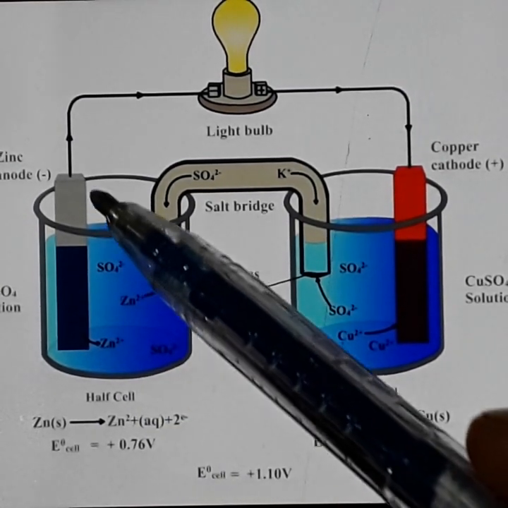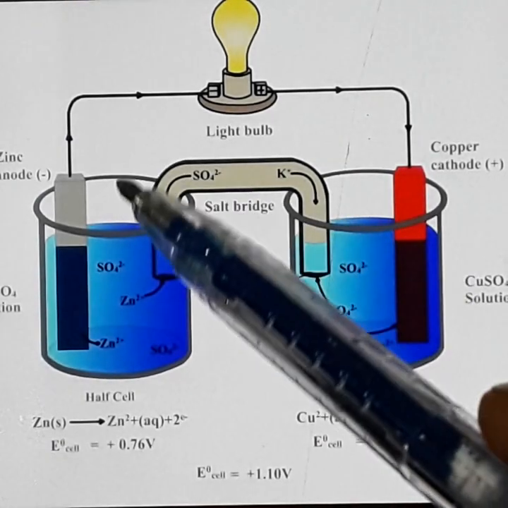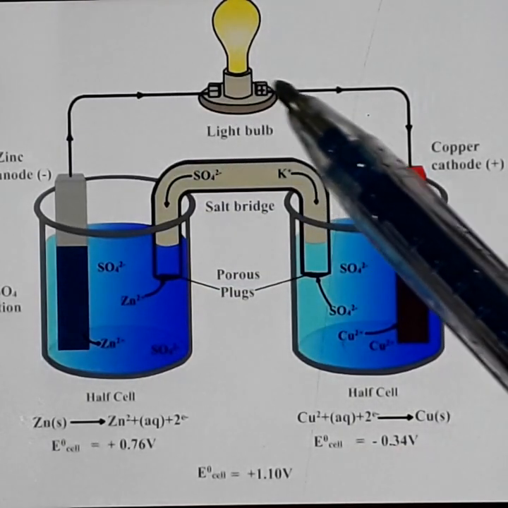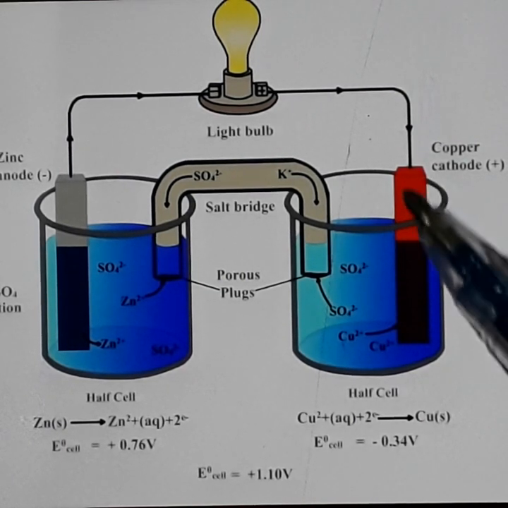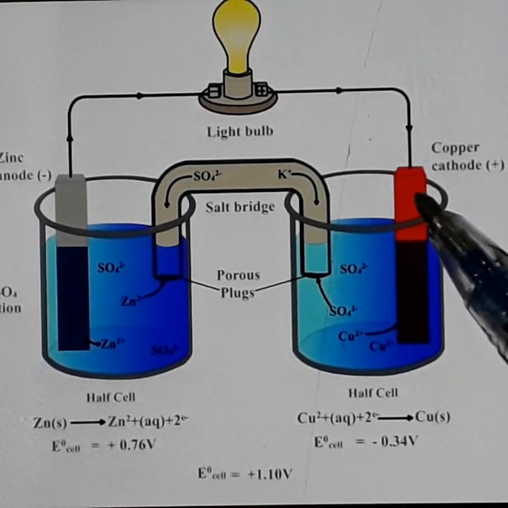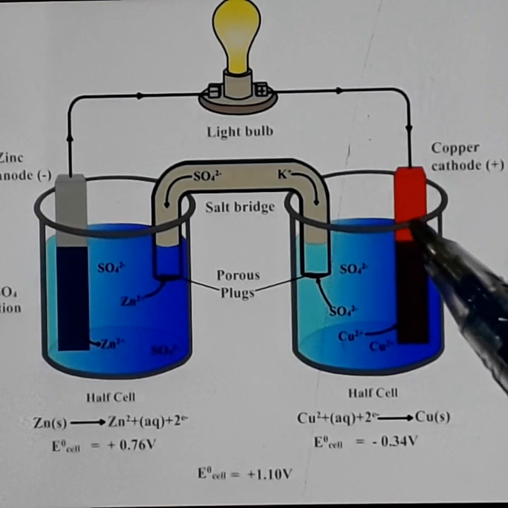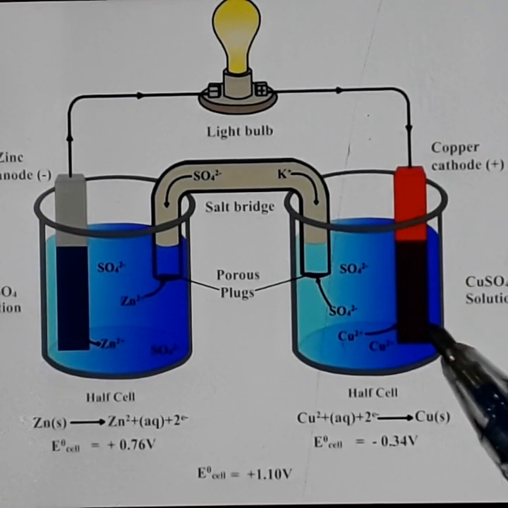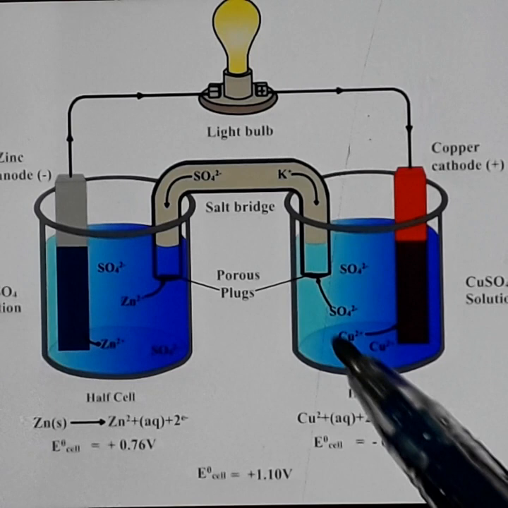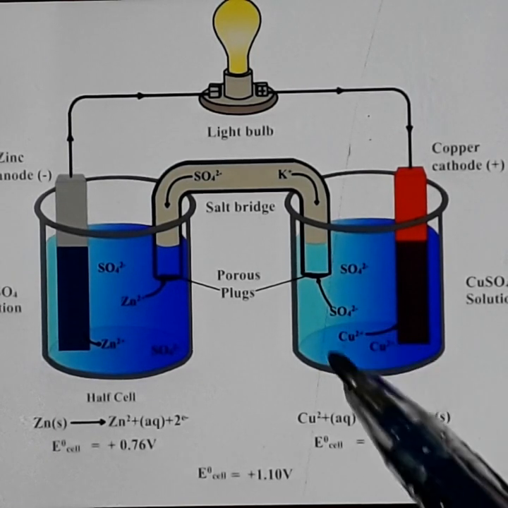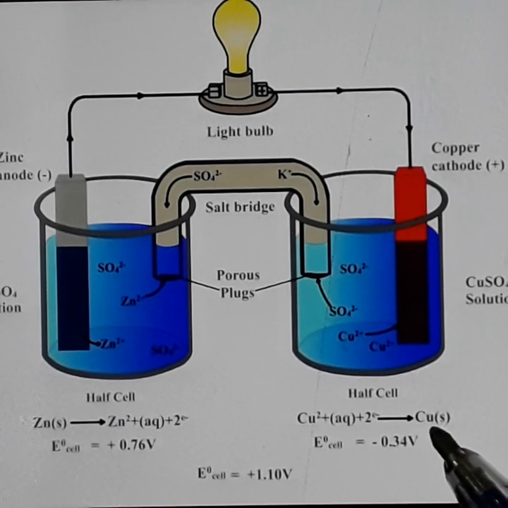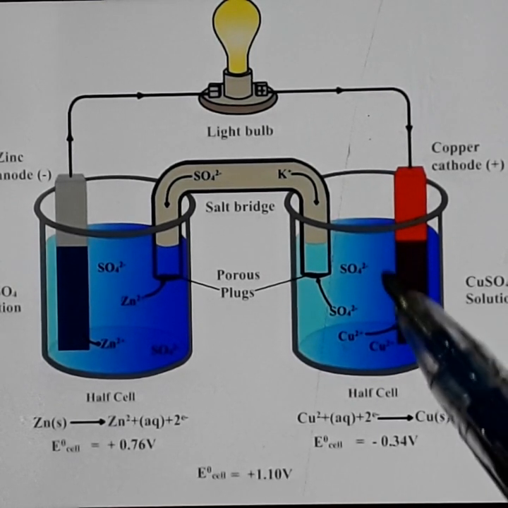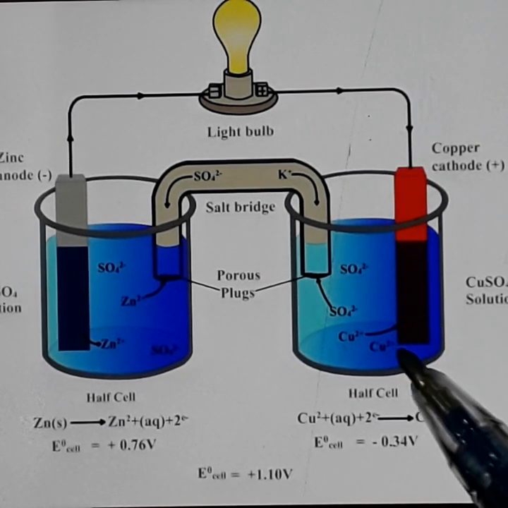Now when the two are coupled, those electrons will travel through the conducting wire externally and will come to the copper electrode or half cell. Here these electrons will be accepted by the copper ion from the solution and will get reduced to copper and will start depositing on the surface of this copper rod.